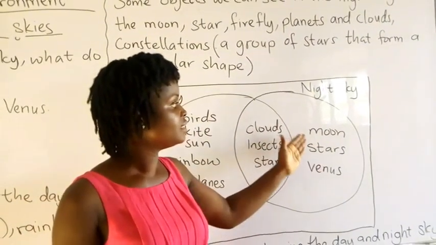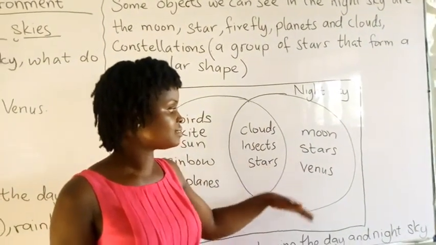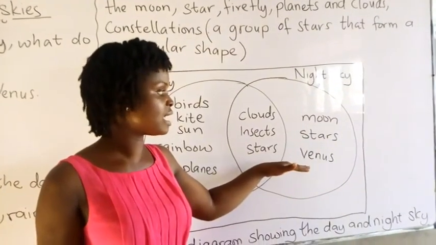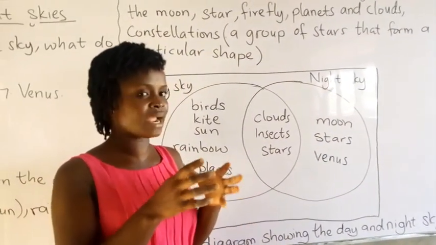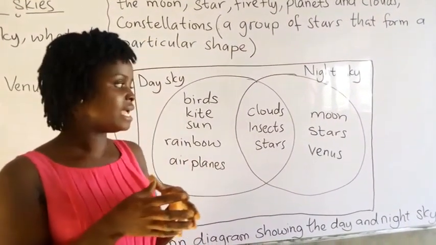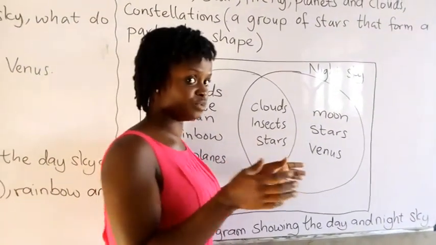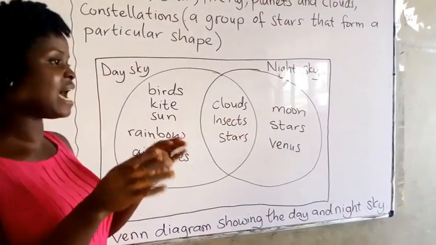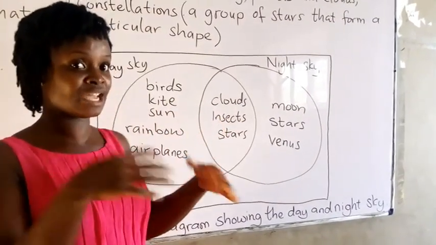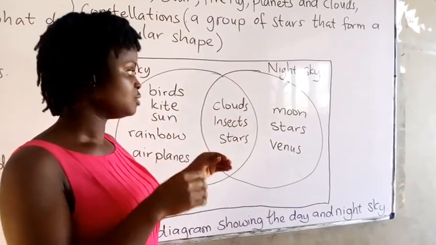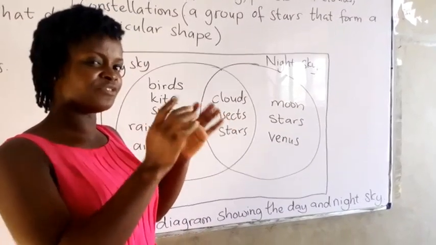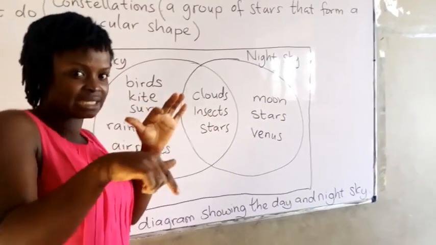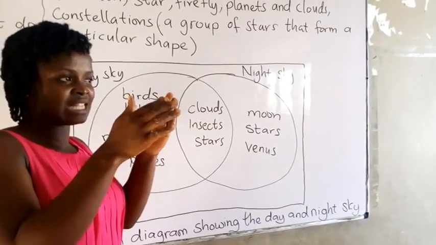We have the moon, stars, and Venus. Venus is a very bright planet, and apart from the moon, as seen on Earth, it doesn't have light of its own. It's the sun that helps it to shine. Sometimes you see some reflection on it in the form of a crescent, like part of the moon.